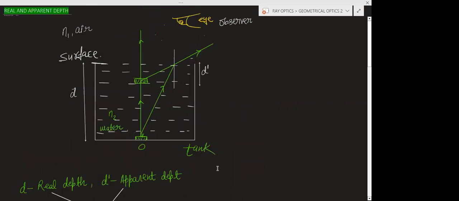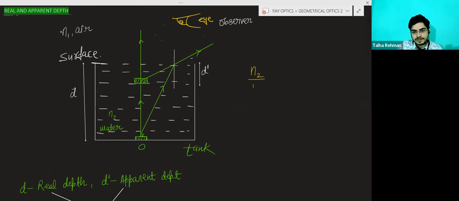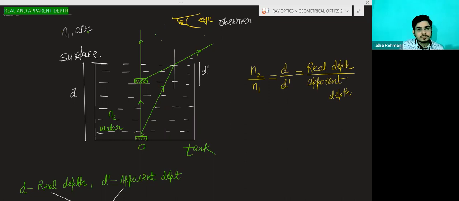There is a relation between the refractive index and the real depth and apparent depth. That is, the refractive index N2 divided by N1 is equal to real depth divided by apparent depth. This formula you have to remember, and apart from this you have to remember two things.